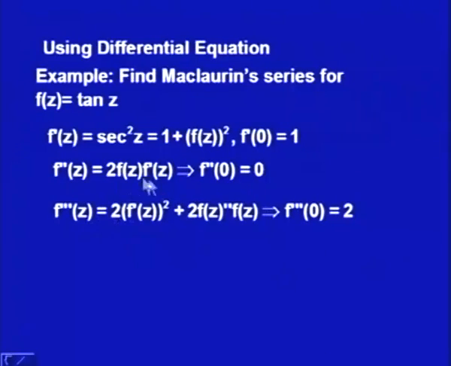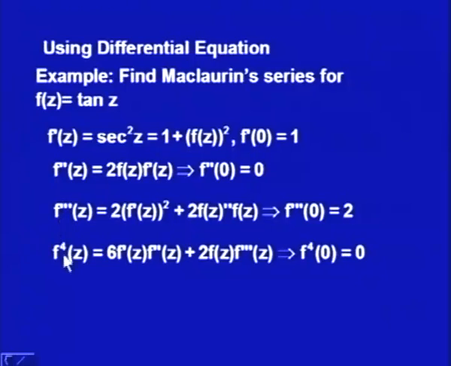Further differentiating again, f'''(z) is equal to 2 f'(z) squared plus 2 f(z) f''(z), and from here we can write down that f'''(0) is equal to 2, since f(0) is 0 and f''(0) is 0.